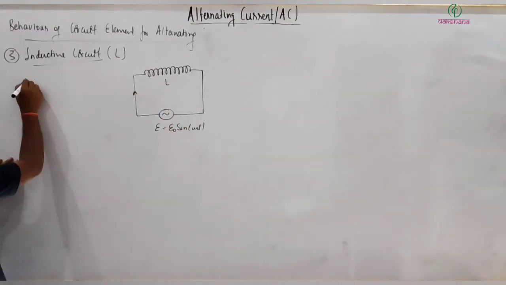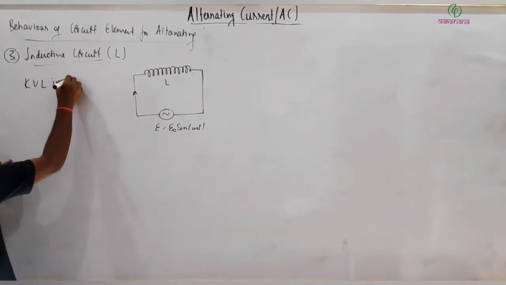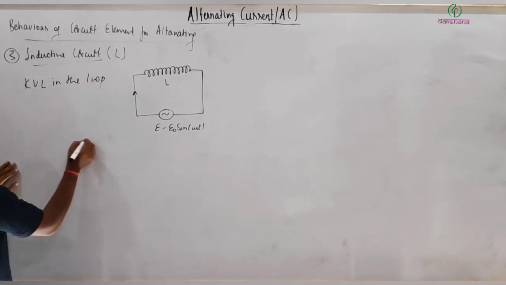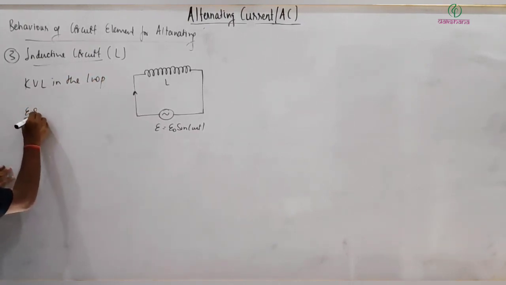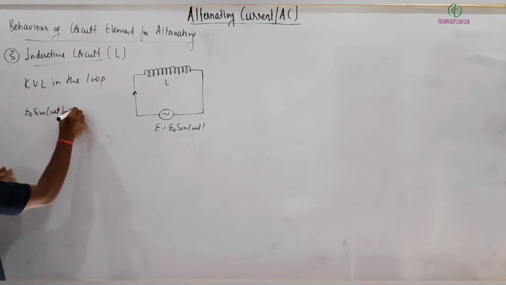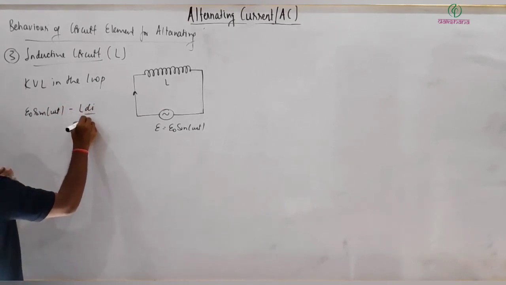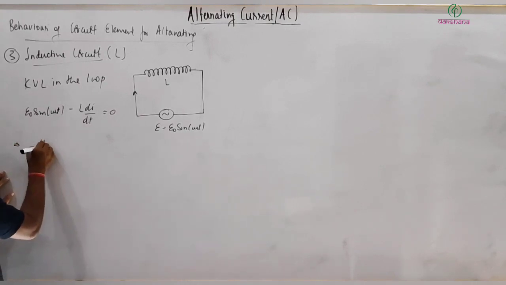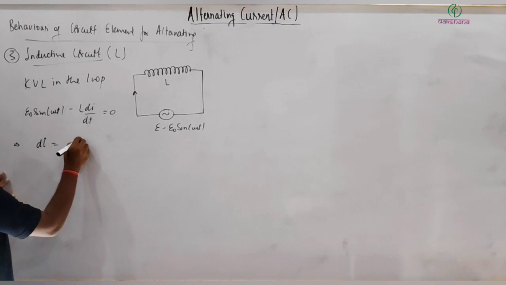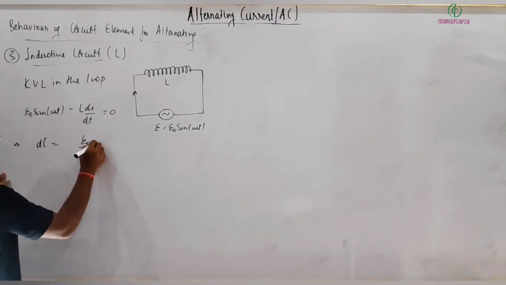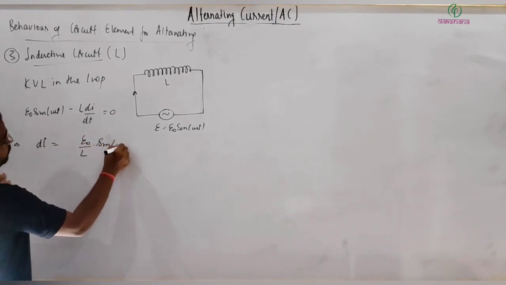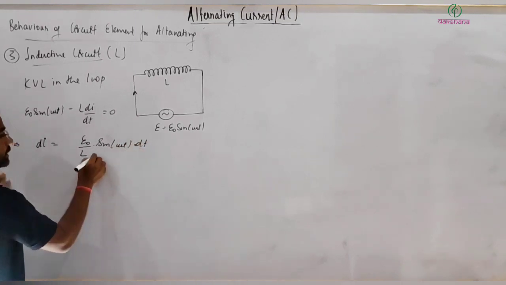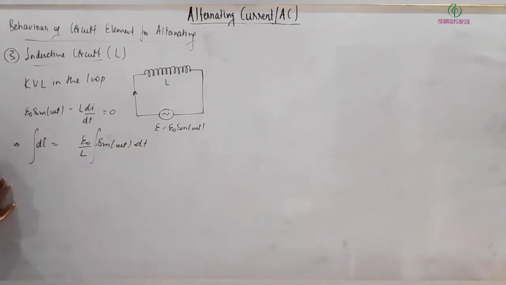let's consider the current is flowing in this manner, and then I can apply KVL in the loop, and we will get E naught sine of omega t minus L di by dt equal to 0, and this implies di is equal to E naught by L into sine of omega t into dt, integration.